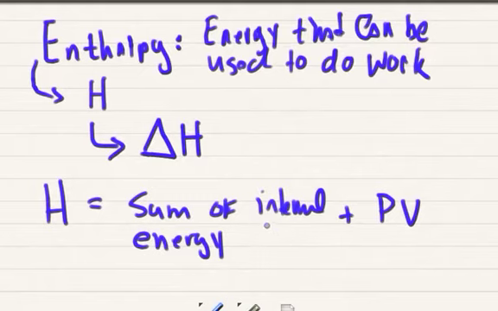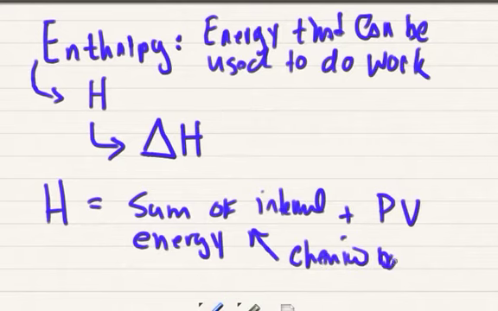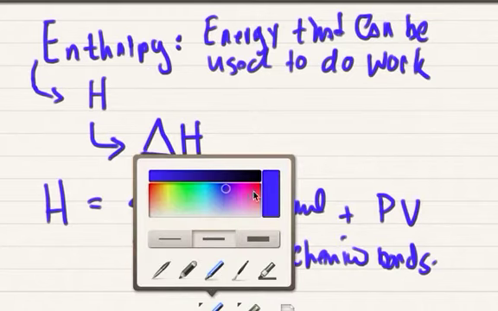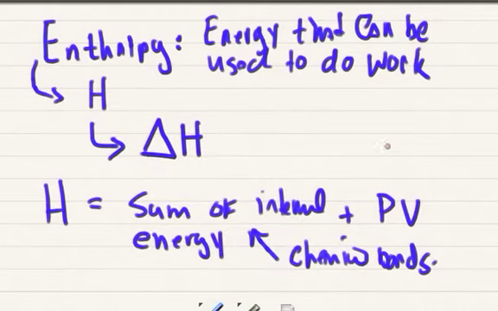Internal energy might be in the form of heat, or in the form of chemical bonds. Chemical bonds have energy and things like that. Now, in most of the introductory chemistry that we'll be talking about, here's a really cool thing.